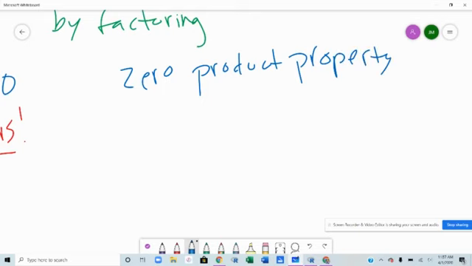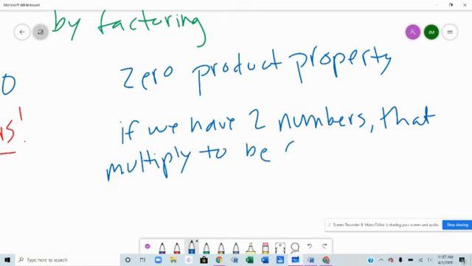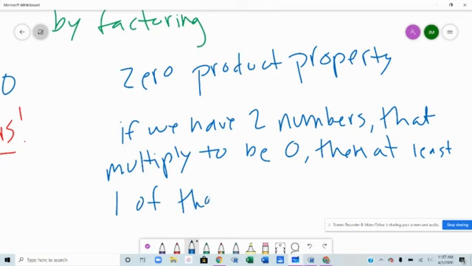The zero product property tells us that if we have two numbers that multiply to be 0, then at least one of those numbers is 0.